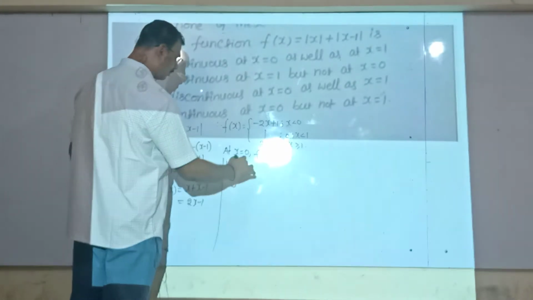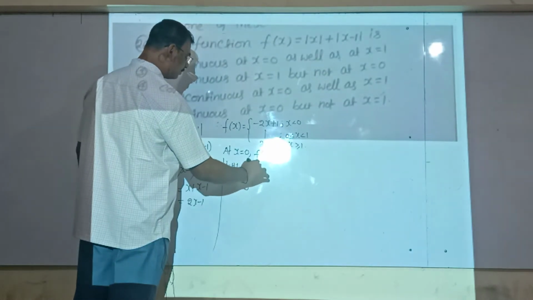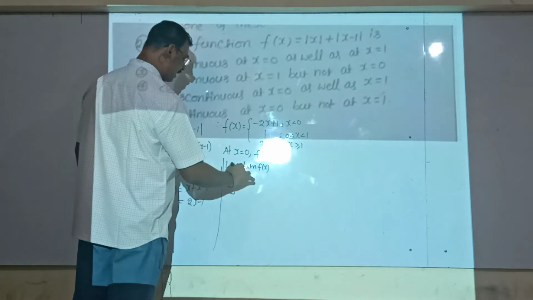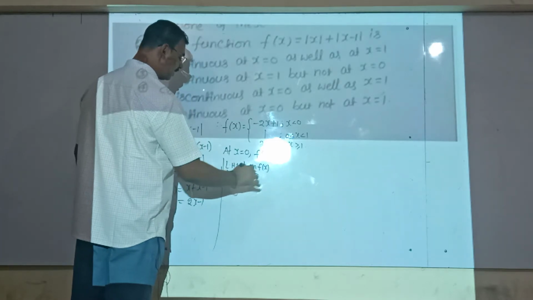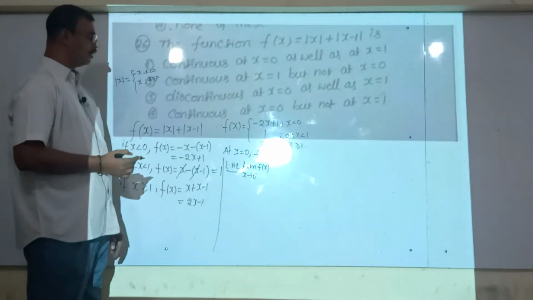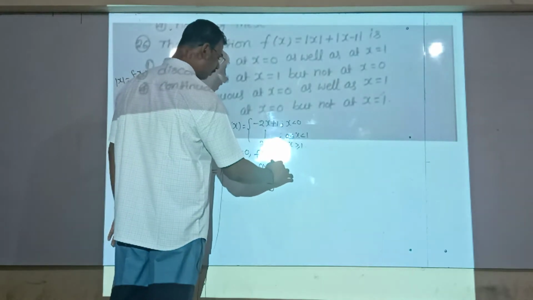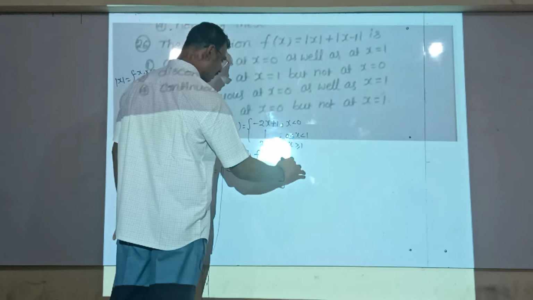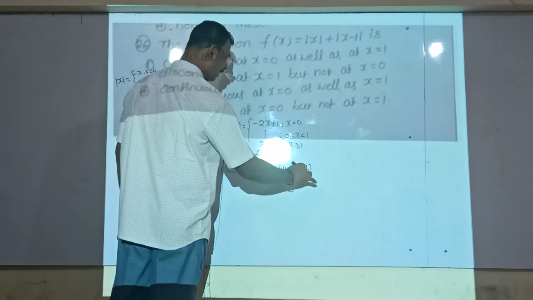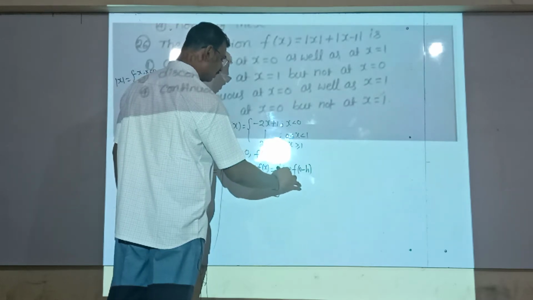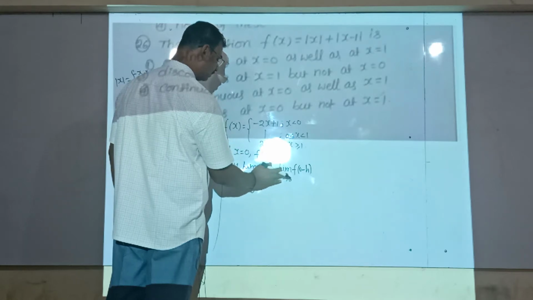Left hand limit meaning what? Smaller than 0, that is limit of f of x as x approaches 0 minus. This is equal to limit of f of 0 minus h as h tends to 0.